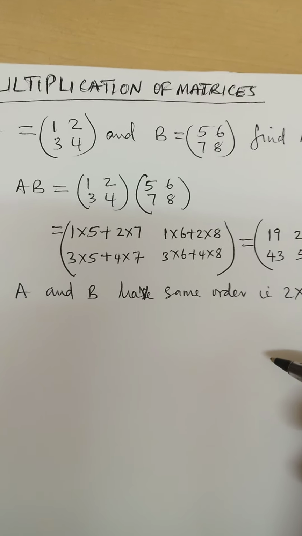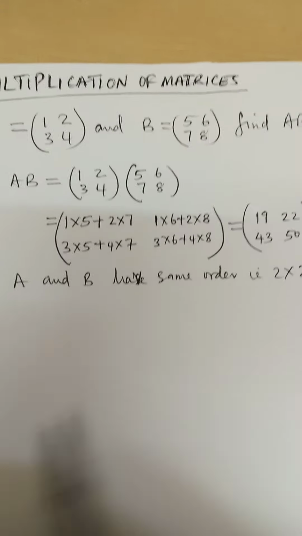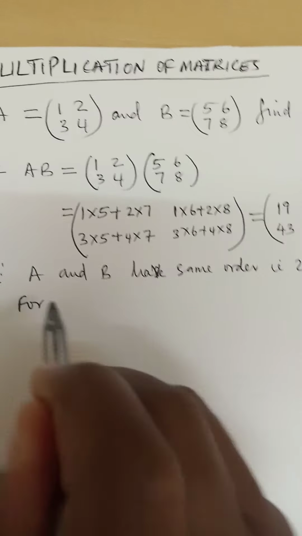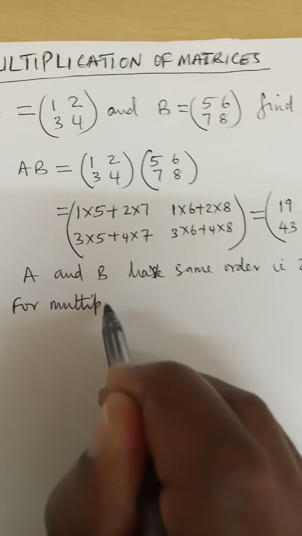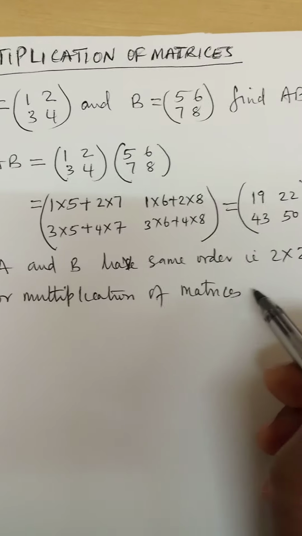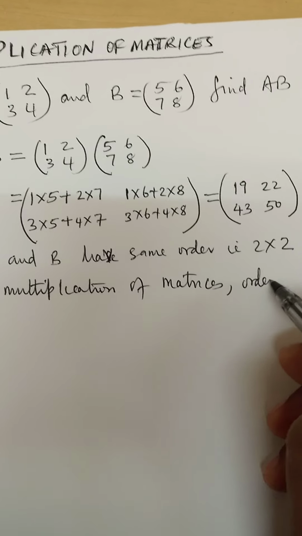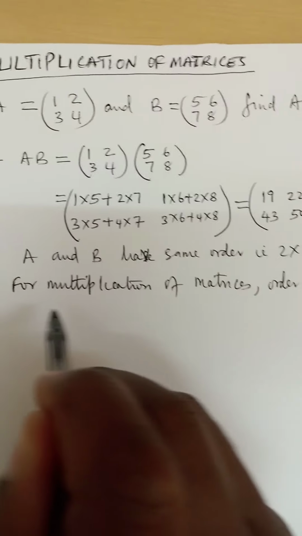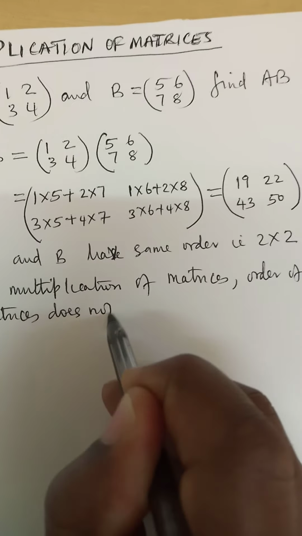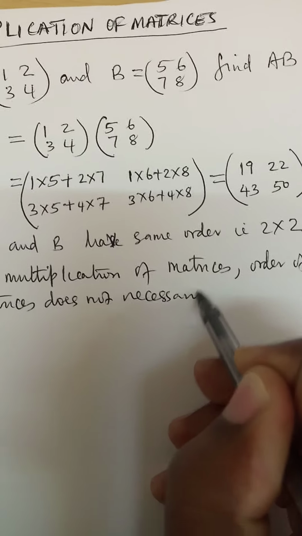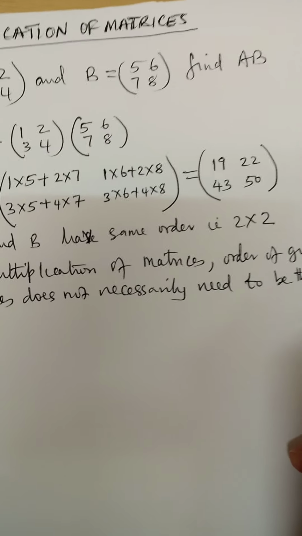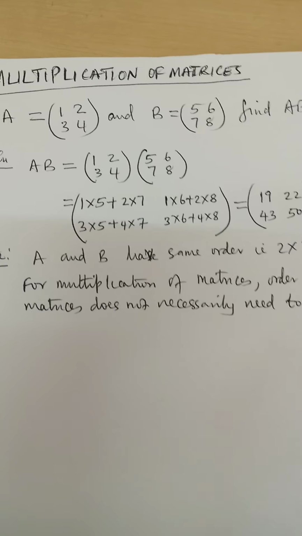Generally speaking, we can say that for multiplication of matrices, the orders of the given matrices do not necessarily need to be the same. This is very important. It does not necessarily need to be the same.